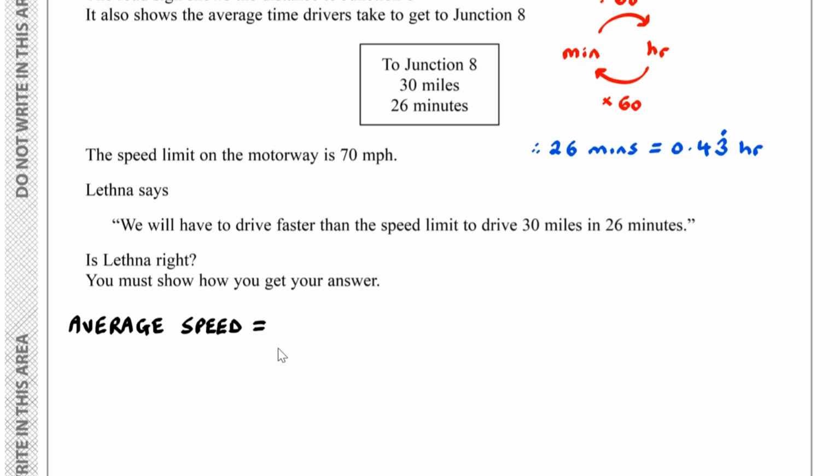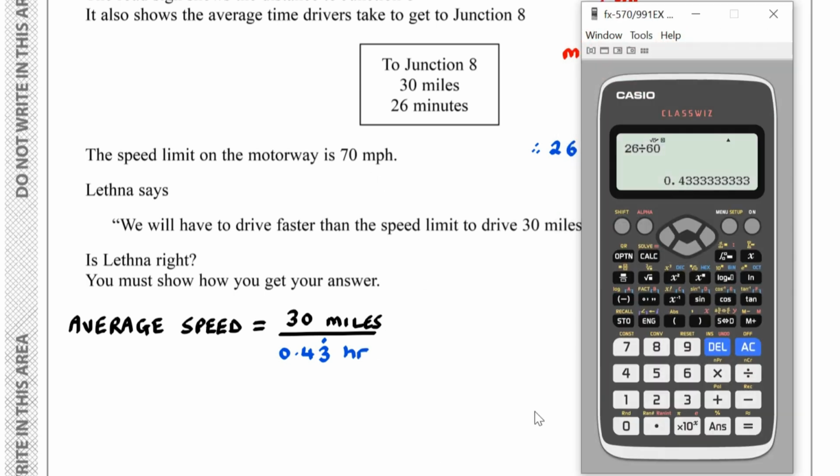For the average speed, we've got the distance, which is 30 miles, and then we divide this by the time, 0.43 recurring hours.